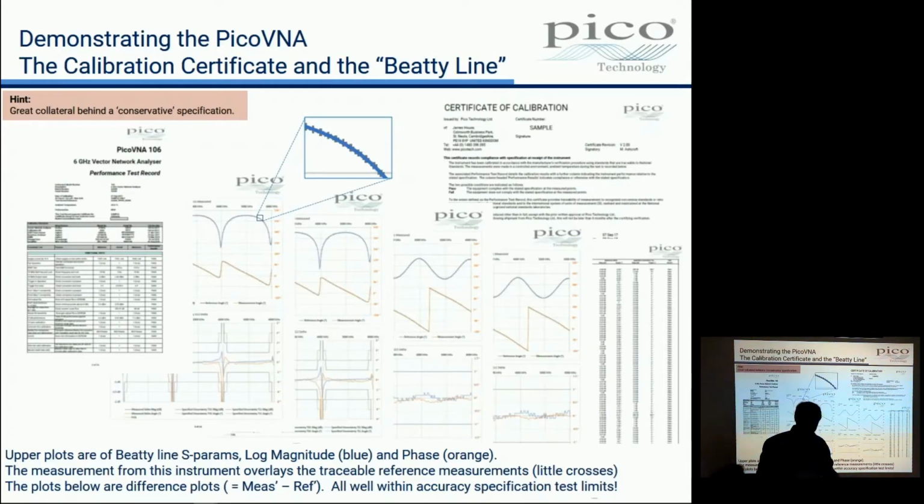So they are delta plots. And it is those that must meet specification, and you can just see the black lines here. One of them is the black line for magnitude and the other for phase. And so you can see immediately that the VNA is meeting specification by a very significant margin indeed when it is measured in this way.